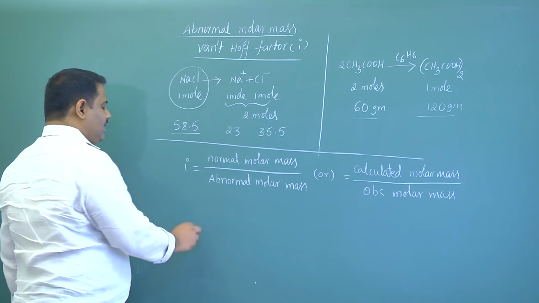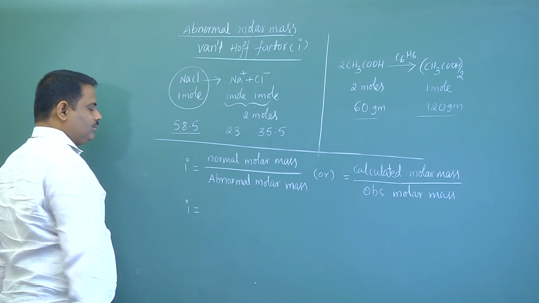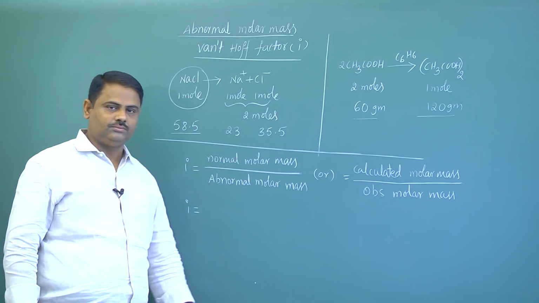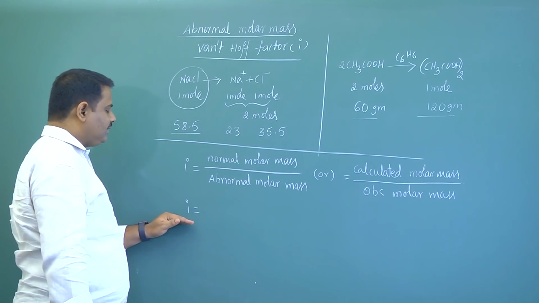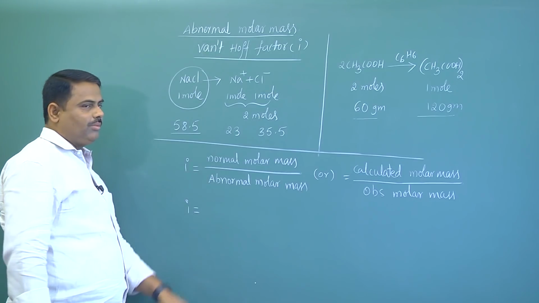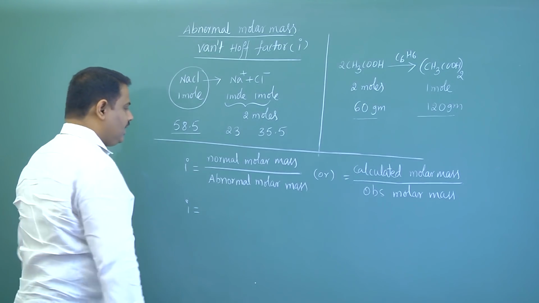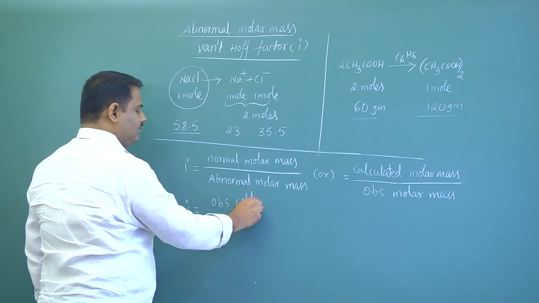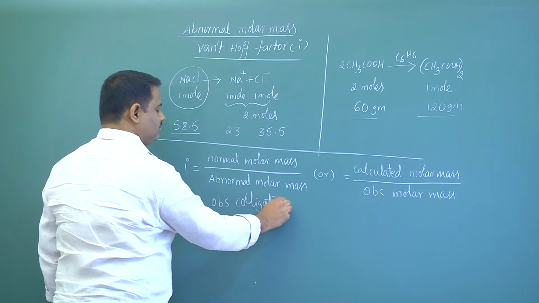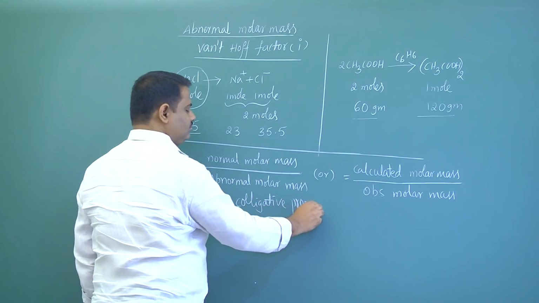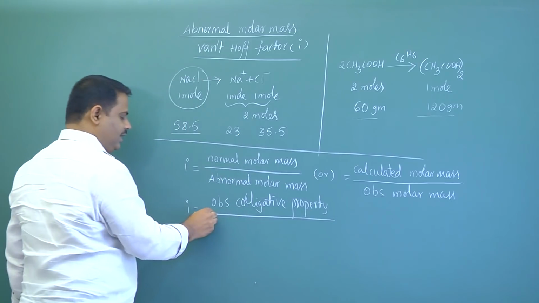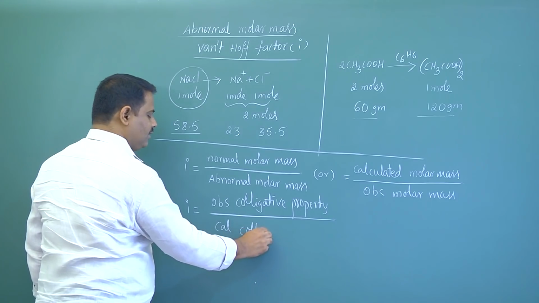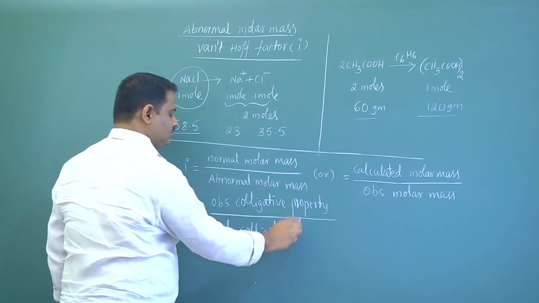Now this formula is regarding molar mass of the solute, but our next formula is regarding colligative property. Here i is equal to observed colligative property divided by calculated colligative property.